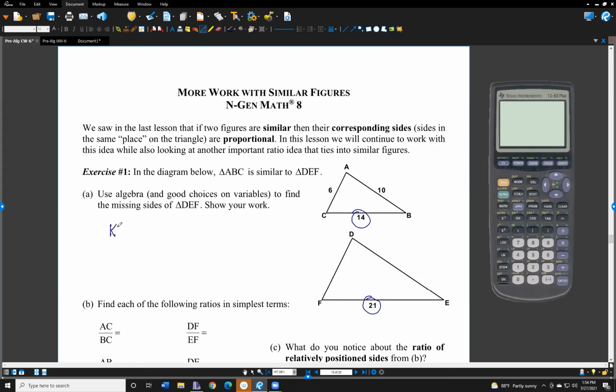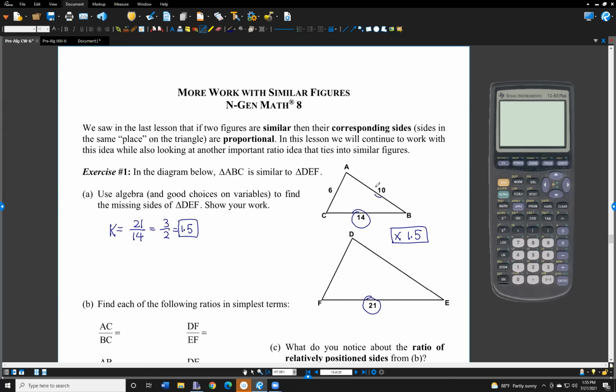Scale factor K equals 21 over 14, isn't it? That's a proportion. You can simplify, divided by 7 is 3 over 2. Actually, in decimal, 1.5. What that means is every corresponding side will be 1.5 times.